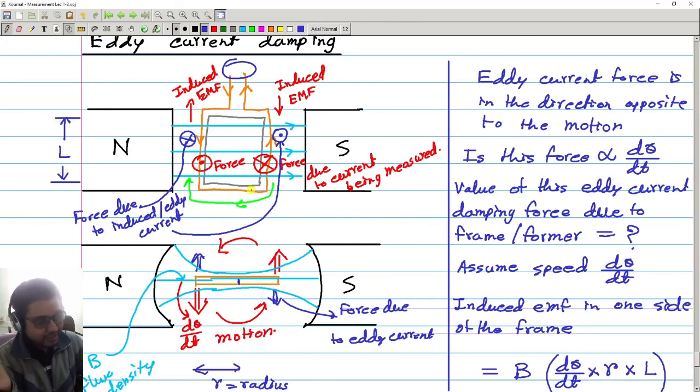So at that moment, whatever reading we are getting is definitely only due to the original current. Once the pointer settles down, the eddy current itself is gone, so no error will come in the measurement due to this. Eddy current plays its role only during the motion, which is a helpful, good role.